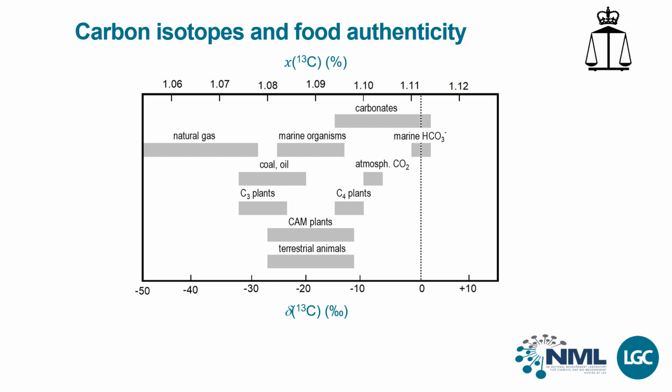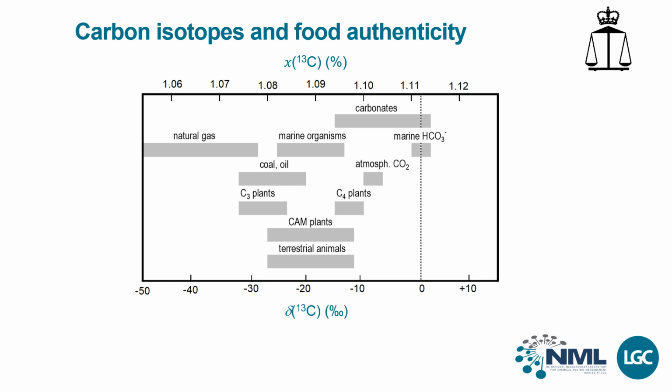Plants obtain their carbon from atmospheric CO2 during photosynthesis, which is then subject to fractionation. In effect, plants discriminate against carbon-13 and therefore contain proportionately less of it than atmospheric carbon dioxide.